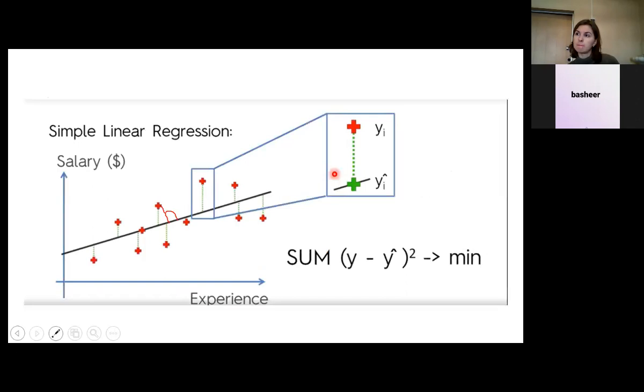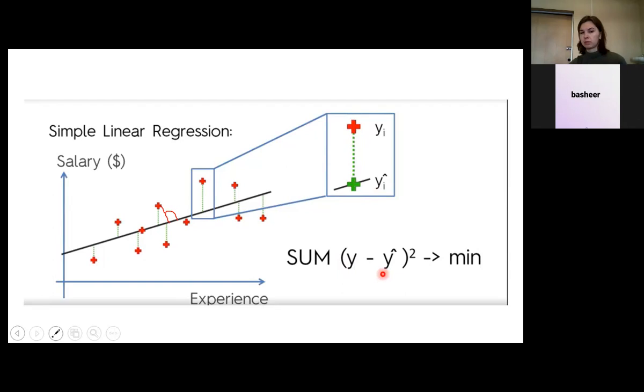The line should not be perpendicular. We need to look at this zoomed-in part. Maybe in 3D it would look like this. No, it's normal: the difference between two values.